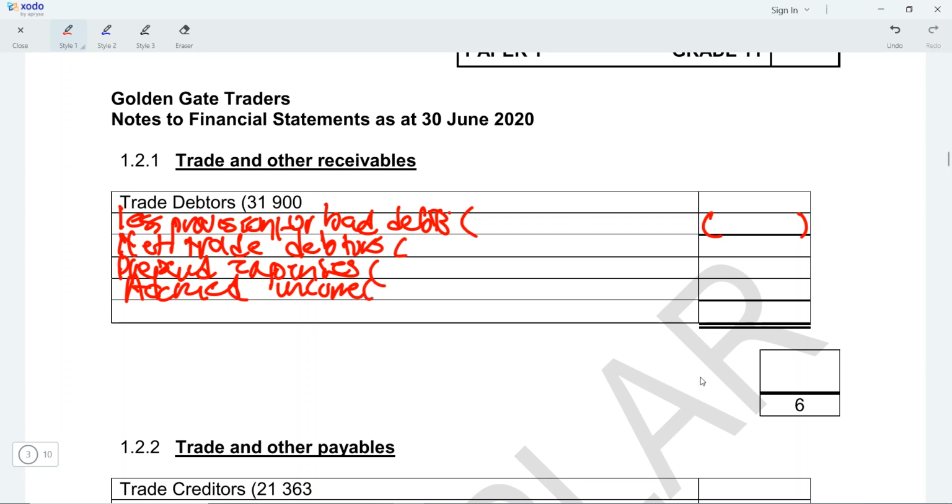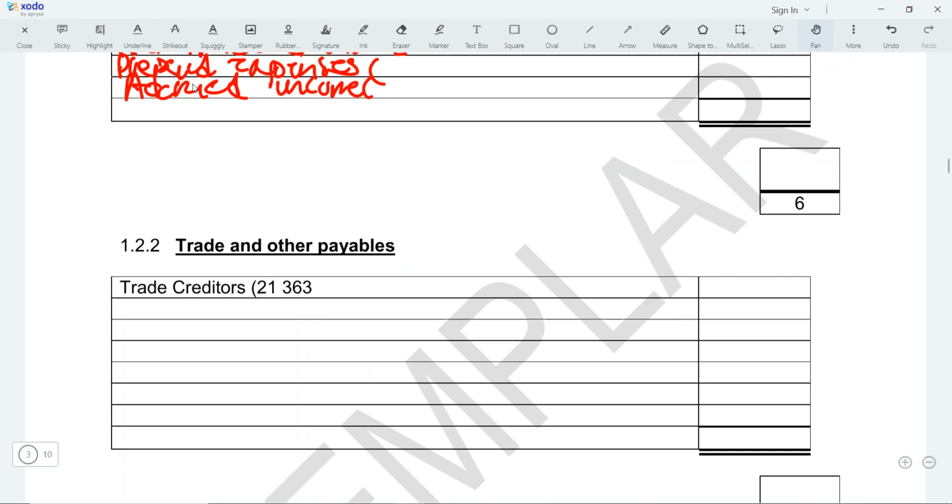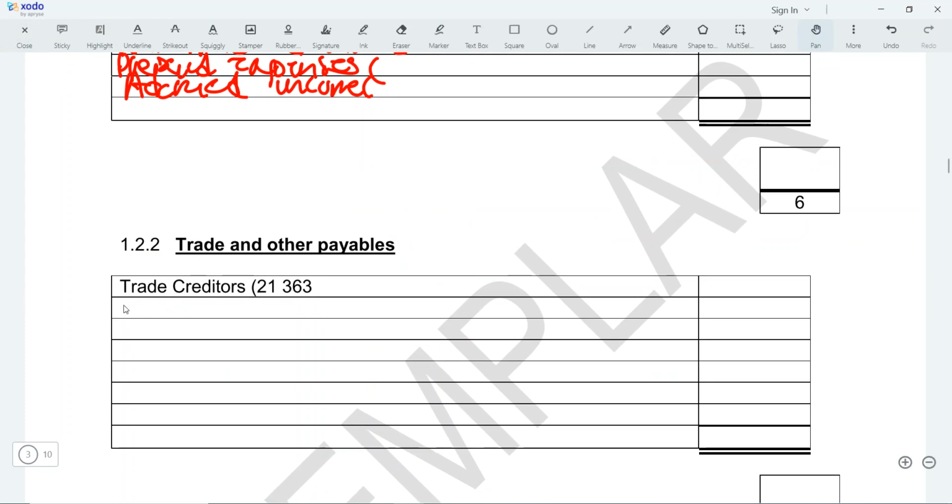And then remember, under trade and other payables, we're supposed to have accrued expenses, and then also income received in advance, right? And then we are also going to have other things that we will get as we continue, but at least you should have an idea that these things are here.